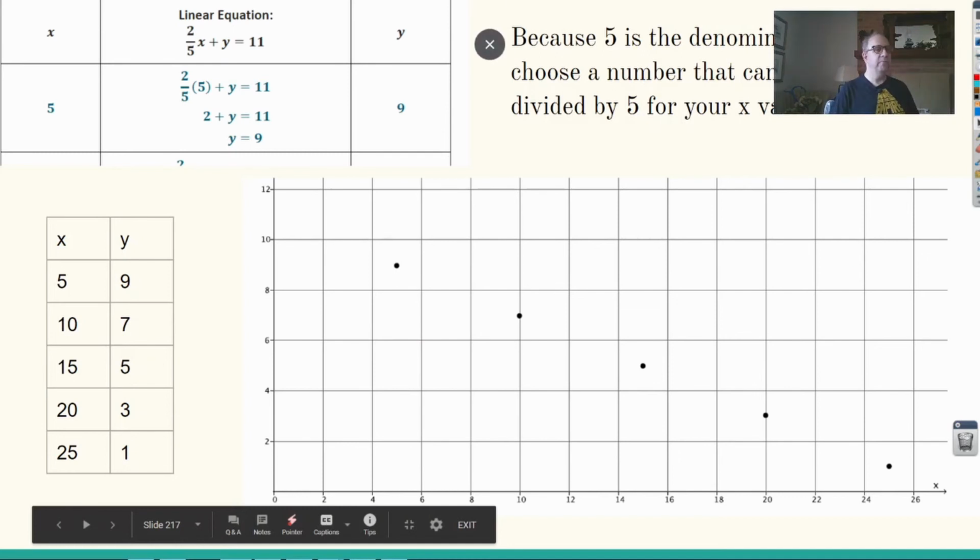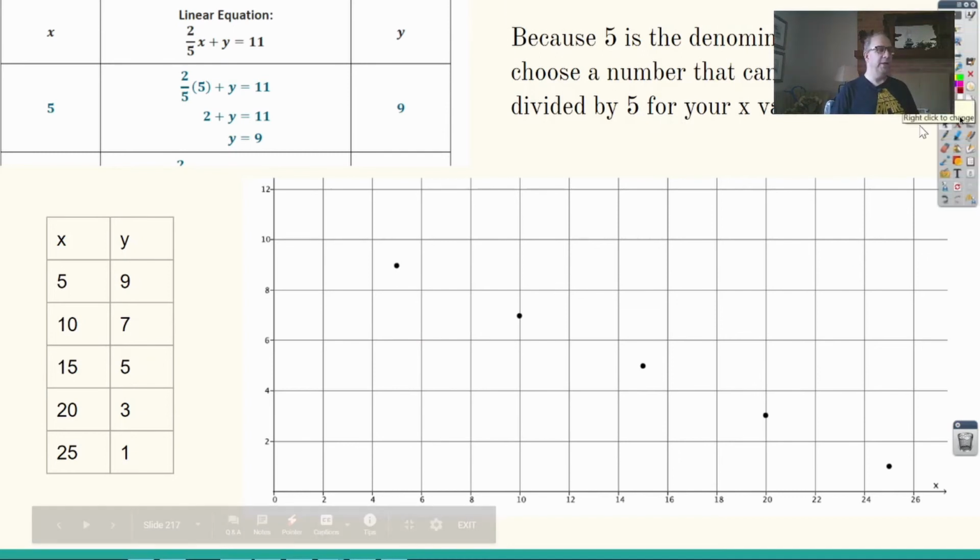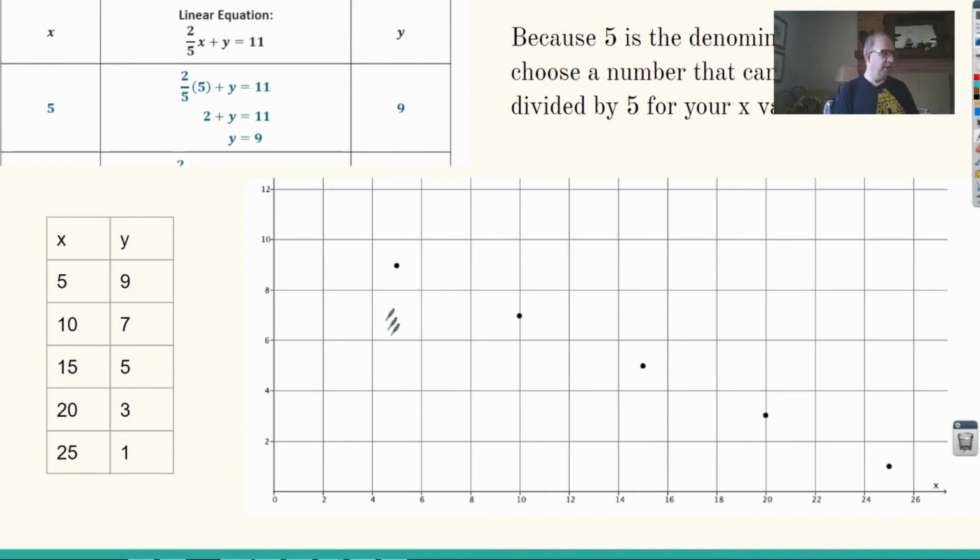is 5 and 9. Let me get my pen out. So notice how 5 isn't here, so it's right between. So this is 5 and 9. This one is 10, and in between 6 and 8, so 10 and 7.